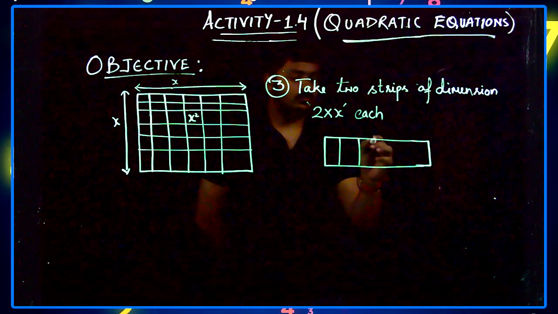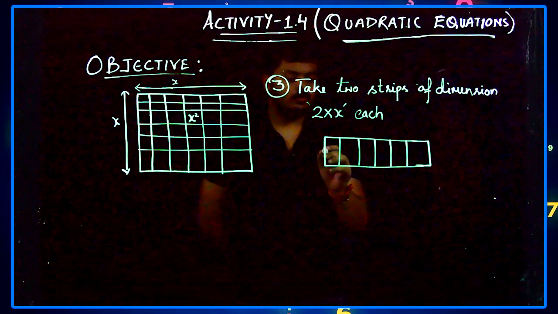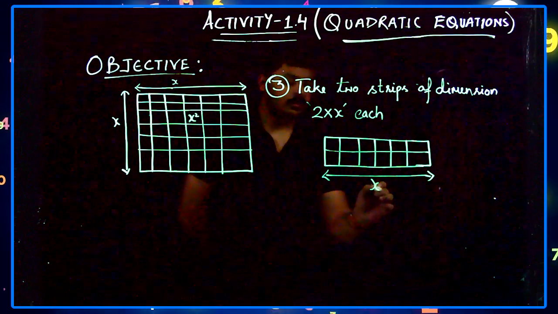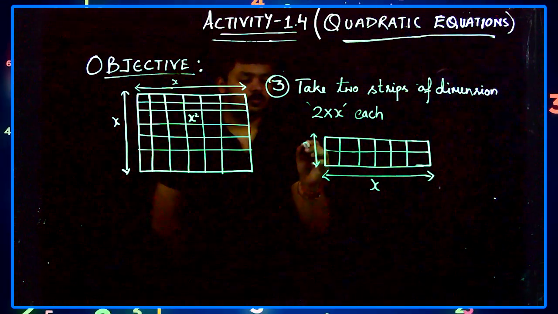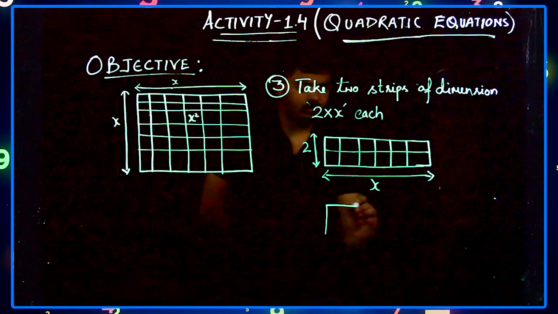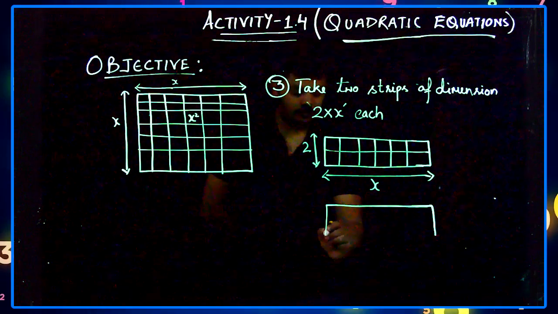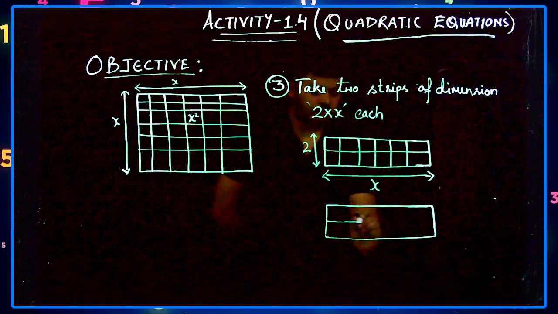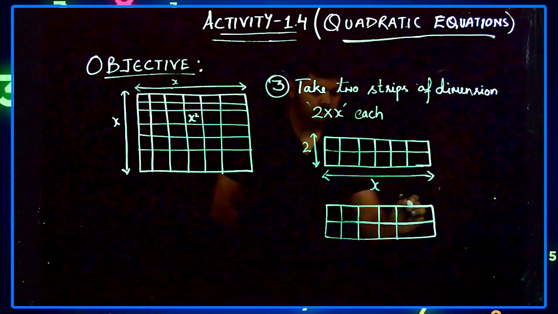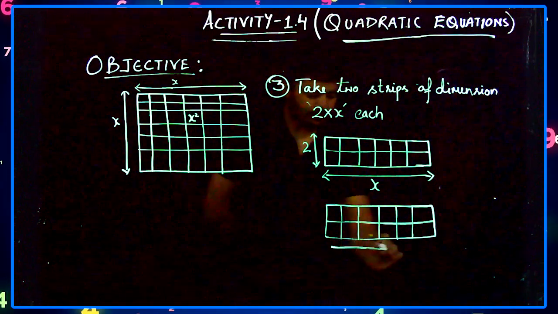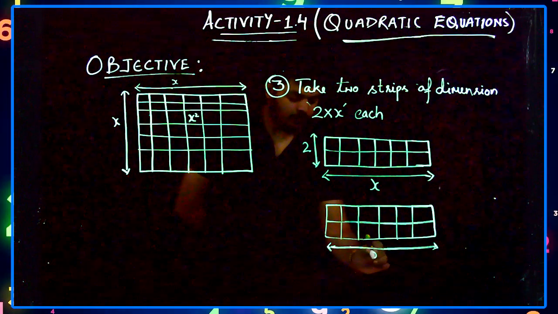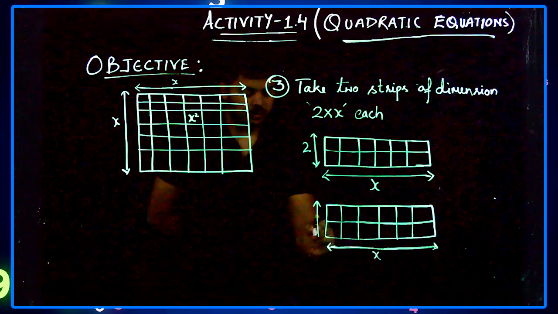This length is x and this length is 2. And similarly, as we need two strips, this is x and this is 2.